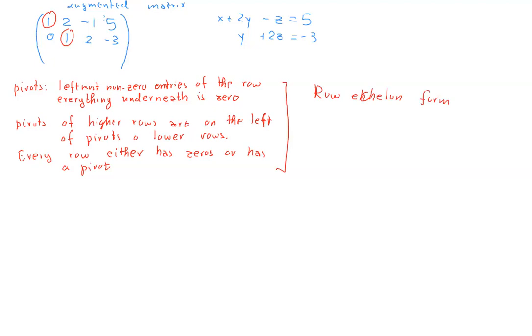And basically, I claim that once you have a row echelon form, you can solve the system. Let me show you how. So for this system, for example, the principle that we're going to use from now on is that if a column does not have a pivot, then it corresponds to a free unknown.